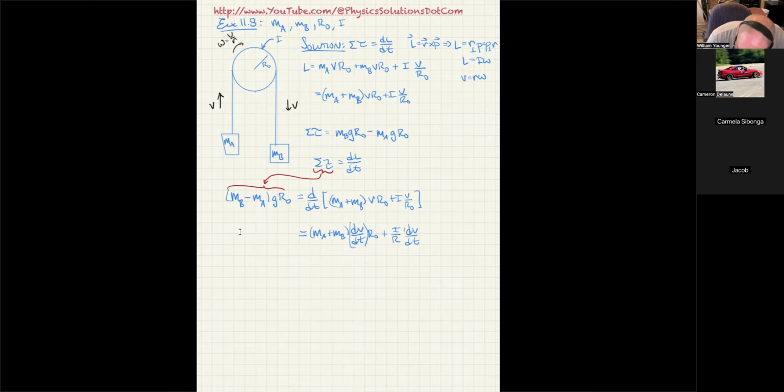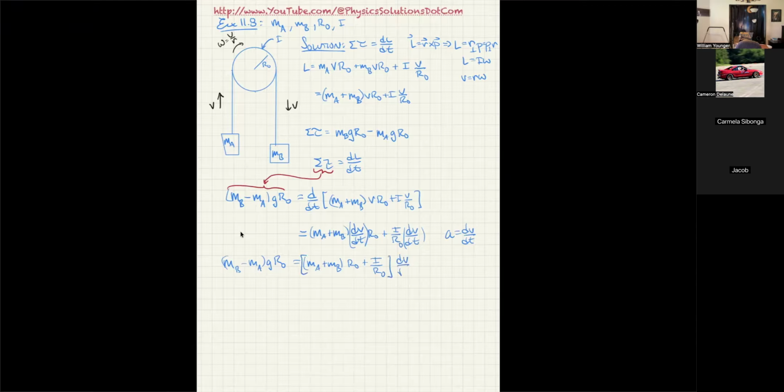Now we can also make use of the fact that a is equal to dv dt, and when we do that, we can solve for a. So what we have is (mB minus mA) times g r0 is equal to (mA plus mB) times r0 plus I over r0, and then all of that times dv dt.